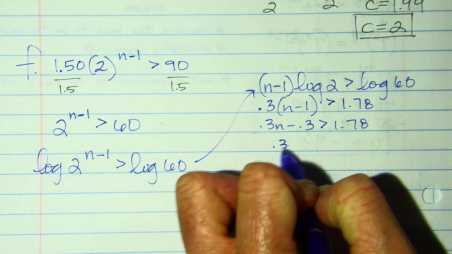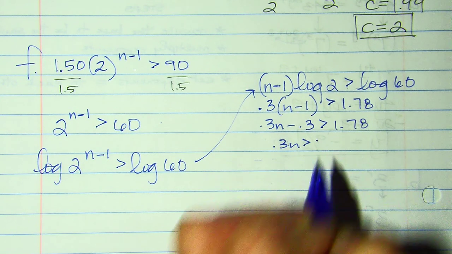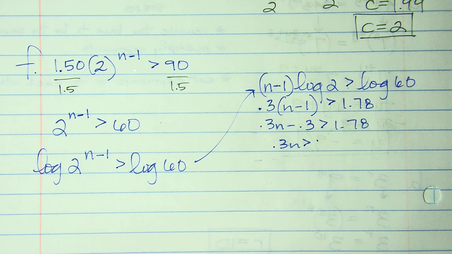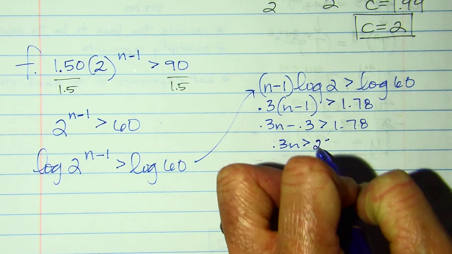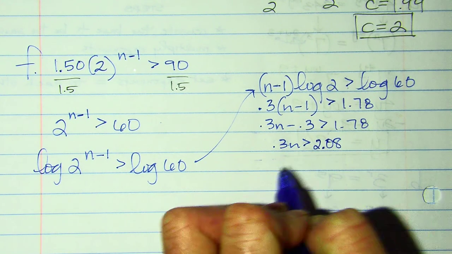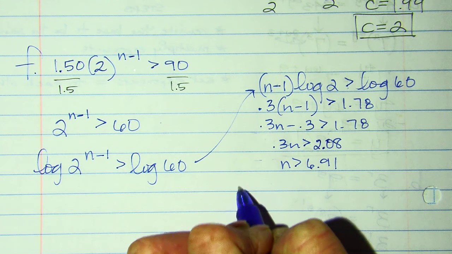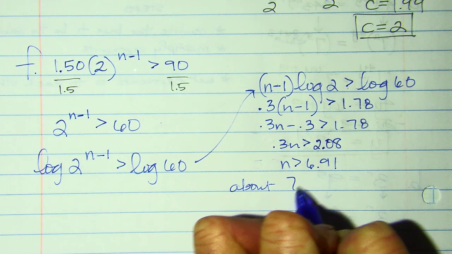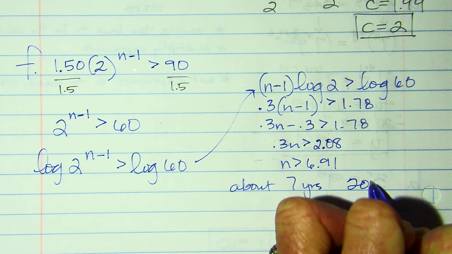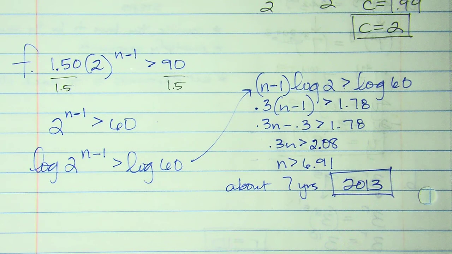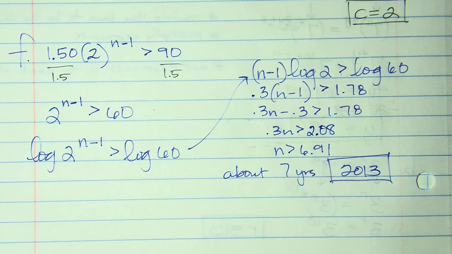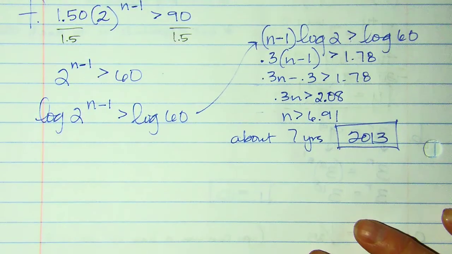Add the 0.3. 1.78 plus. Divide, and n is greater. We still get the same answer, so I would put about 7 years. So 7 years would be 2013. That was a word problem. Sorry, and I like skipped right over the.